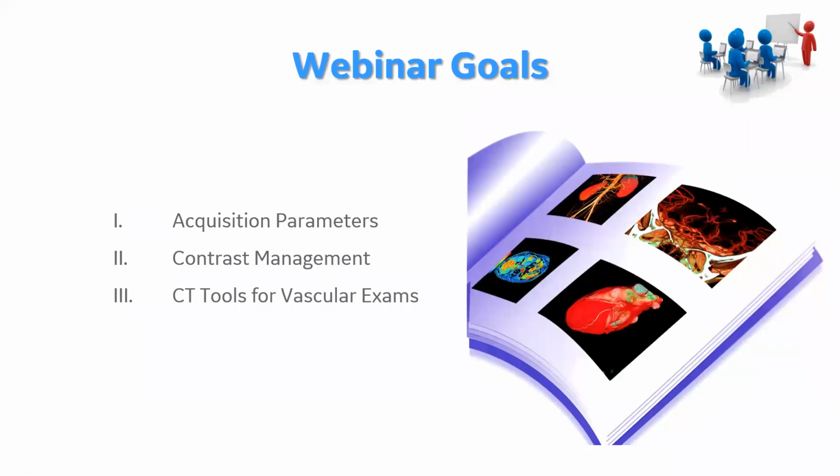For the next 30 or 40 minutes, we're going to go through these topics, and this presentation will be focused on the radiographer acquiring the best quality CTA. So we will look at parameters and injections, parameters that will have an effect on CTA, so you can optimize your results.